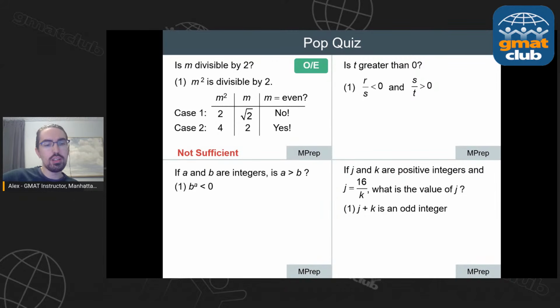Question: if m squared is divisible by 4, would that be sufficient? Yes, because if m squared is divisible by 4, then the square root of that would be divisible by 2, I think. Let me know if I'm getting that wrong. But if there's a 4 in there, you square it, or you take the root, then it would be divisible by 2.